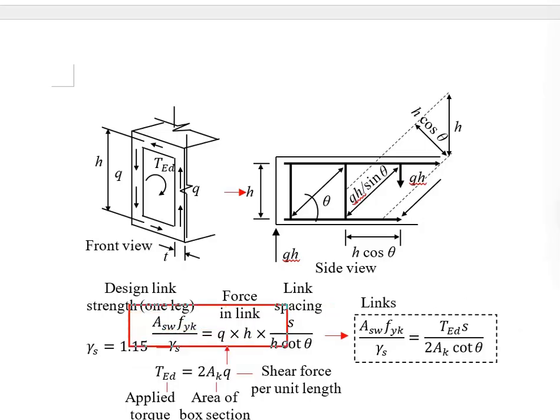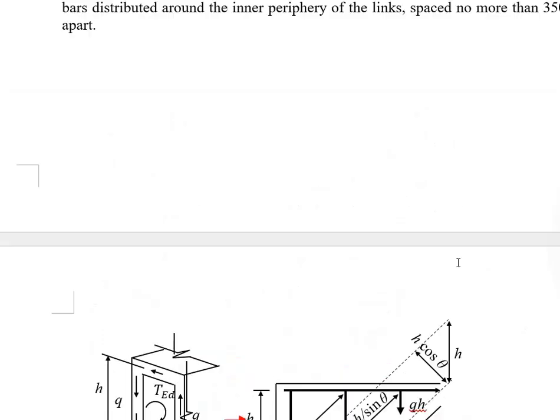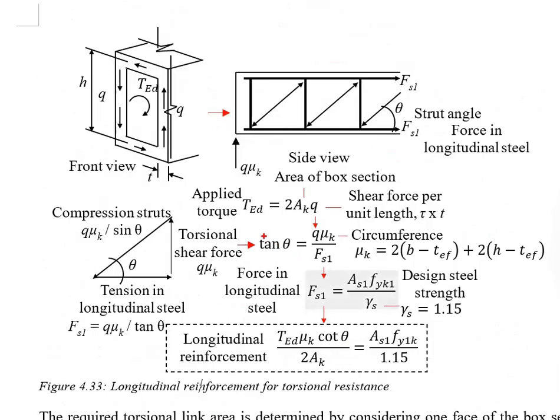Now, if you rearrange the formula and substitute this formula into here, you will get this formula. Where do you get this? This one we have discussed in our previous video, which is this formula.